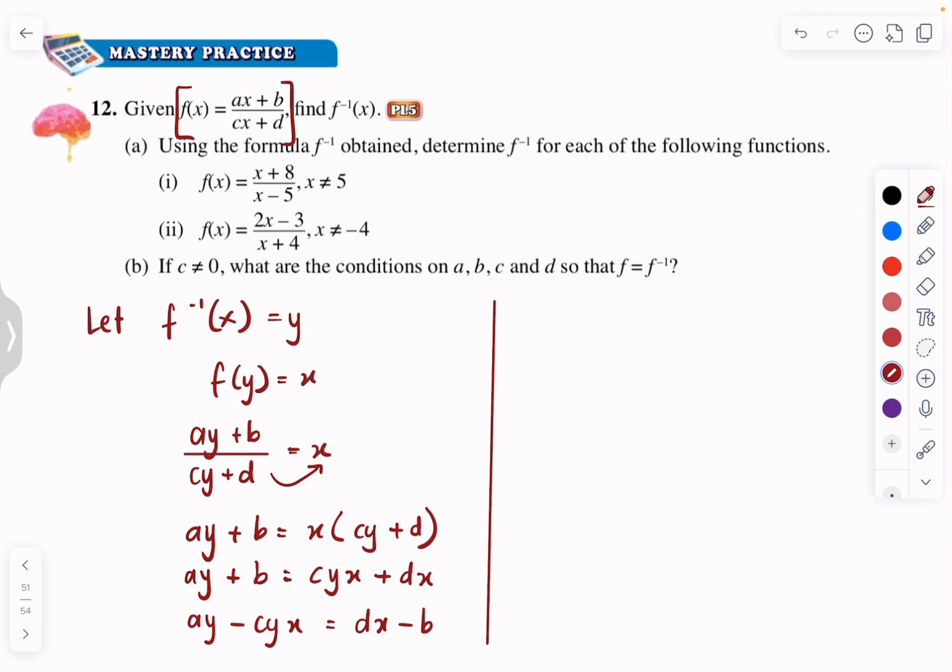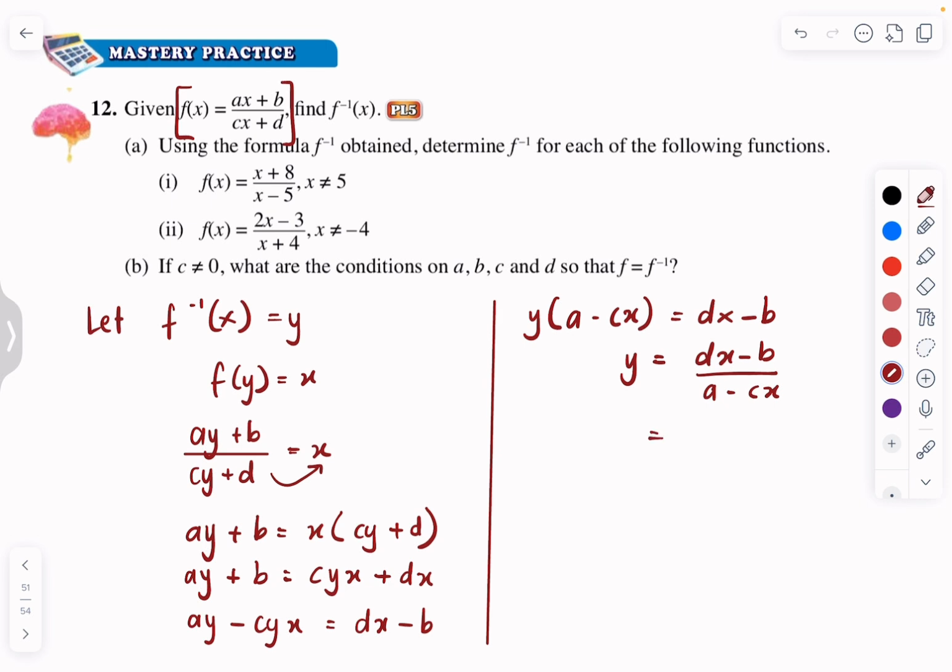Then from here we try to factor out the y. So y(a minus cx) equals to dx minus b. Then making y the subject, we get (dx minus b) over (a minus cx). This is our inverse function.